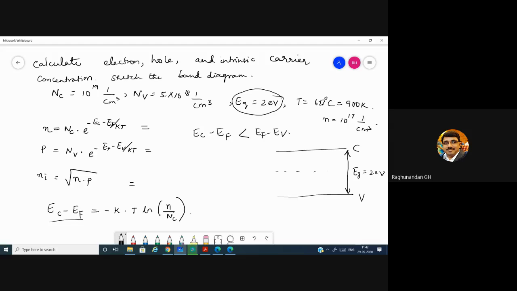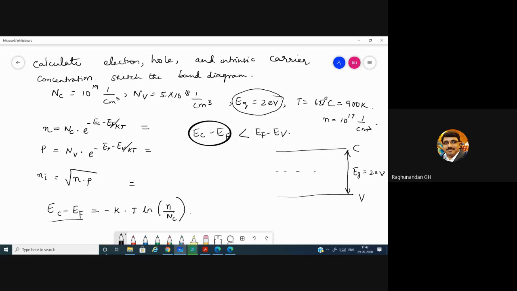Now you tell me where the Fermi level will be, closer to the conduction band or the valence band? Yes, always the Fermi level will be near to the difference which is lesser. Whichever difference is lesser, the Fermi level will be towards that. This is the important thing you should remember.